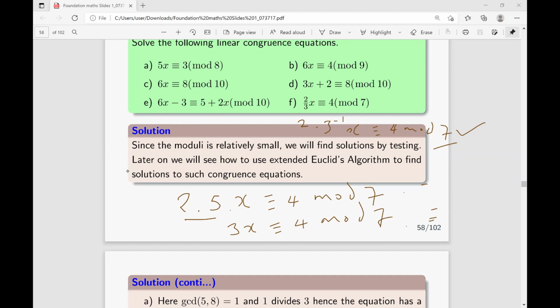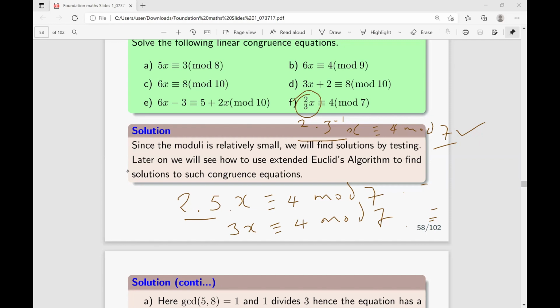Is that okay? Now, how we did this one: we knew that what we would do is just rewrite this, and when you rewrite it, it becomes something like that. Since the modulus is small, we can find the inverse of 3 by checking which numbers from 0 to 6, if multiplied by 3, give you 1.